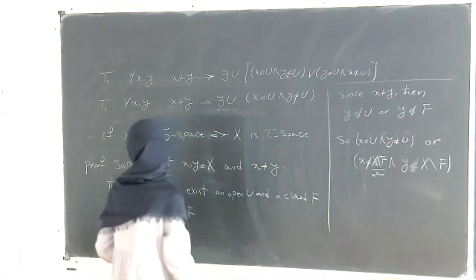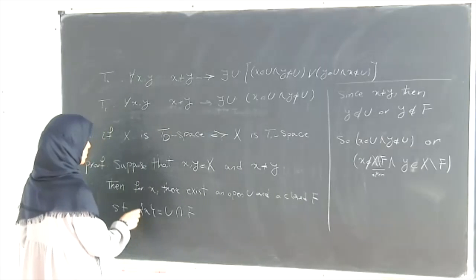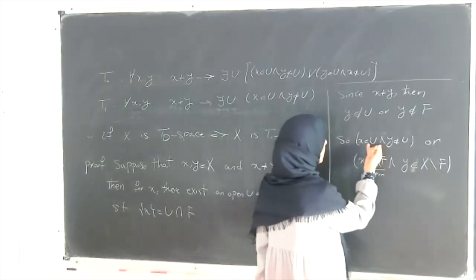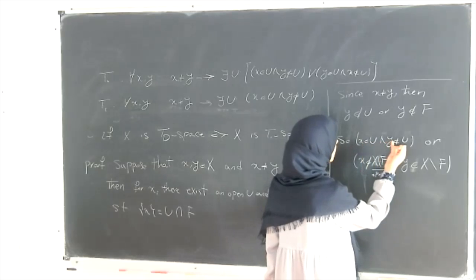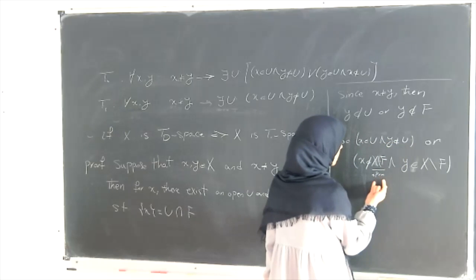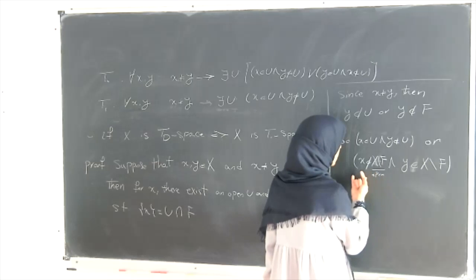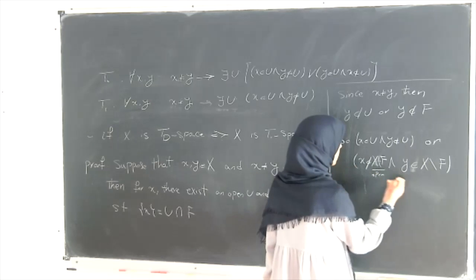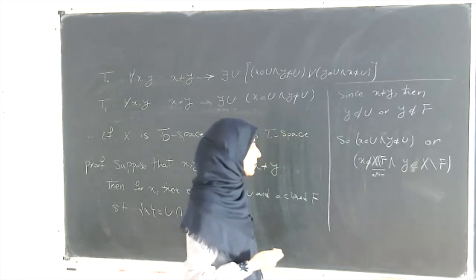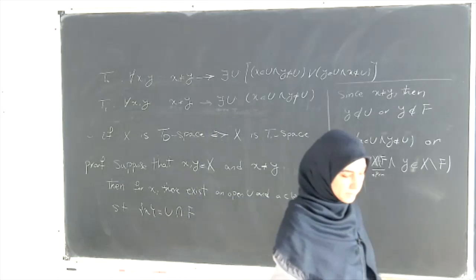So for two non-equal points x and y, we have an open set U which contains x and does not contain y, or the other open set X minus F, which does not contain x and contains y. So our space is a T1 space.